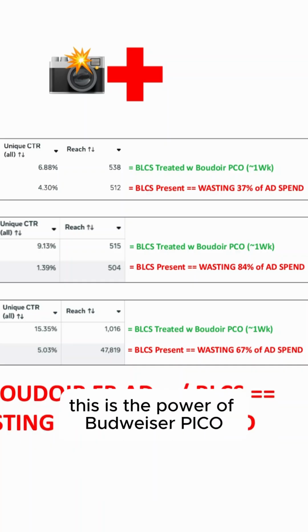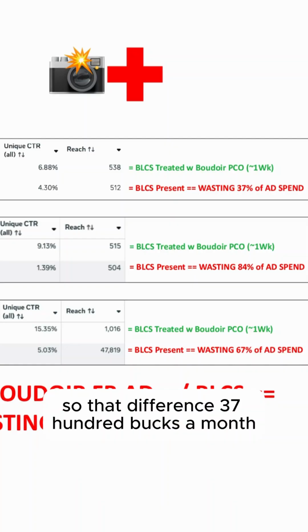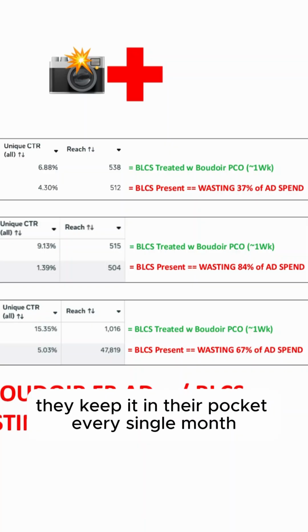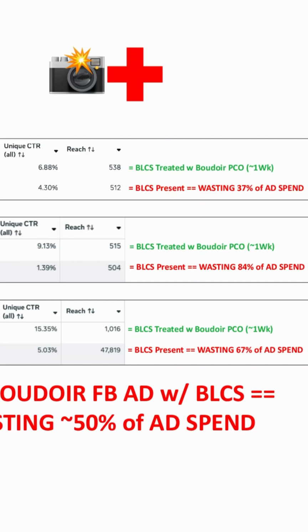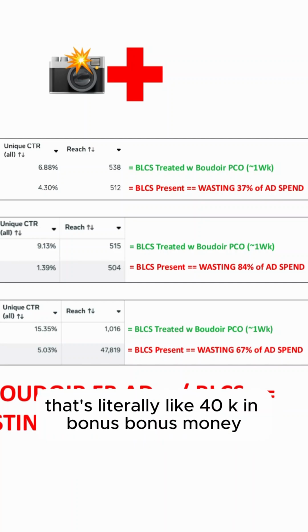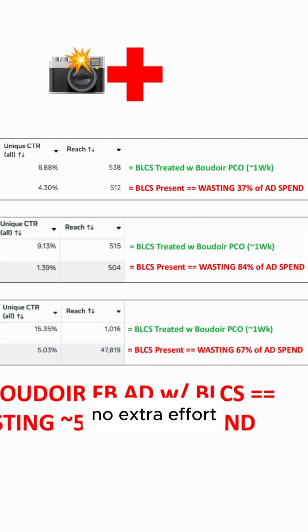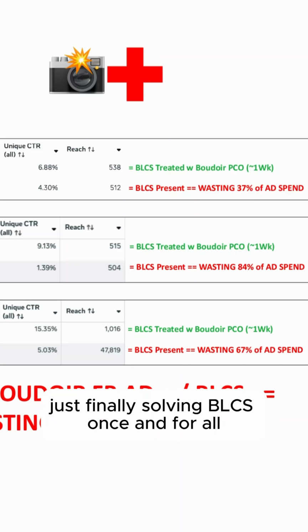This is the power of Boudoir Pico. That difference, $3,700 a month, they now no longer have to spend. They can pocket it. They keep it in their pocket every single month, and over the next 12 months, that's literally like 40K in bonus money. It's kind of like a phantom bonus, Boudoir Pico bonus, whatever. No extra effort, no servicing extra clients, just finally solving BLCS once and for all.